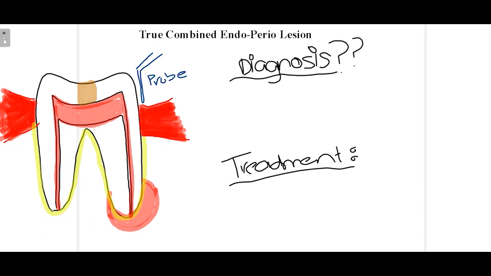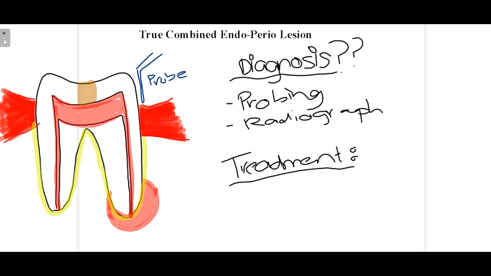So how will you diagnose it? We will diagnose it by firstly doing probing to check the pocket depth, and then we will perform radiographs to see how much bone loss has occurred and if there is any periapical lesion.